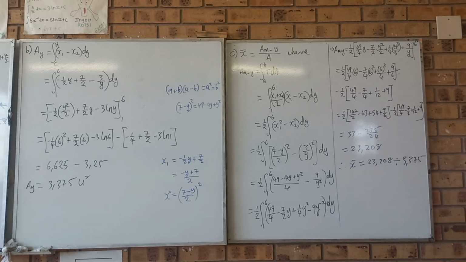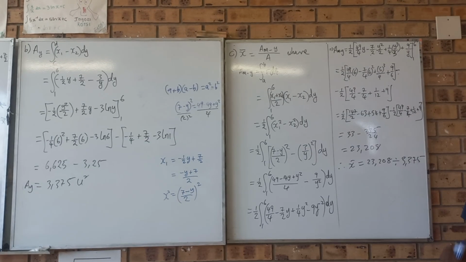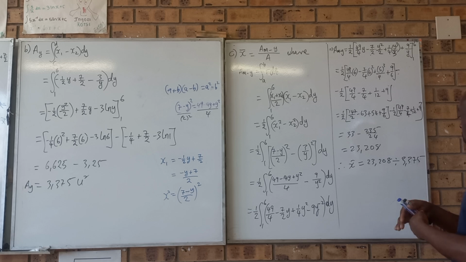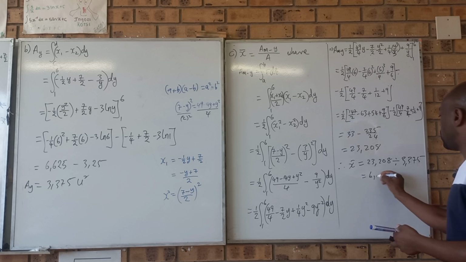There is a mistake. So guys, as we have done it, you will see that 23,208 divided by 3,375 from my side is giving me a very big number, which is around 6, whatsoever.